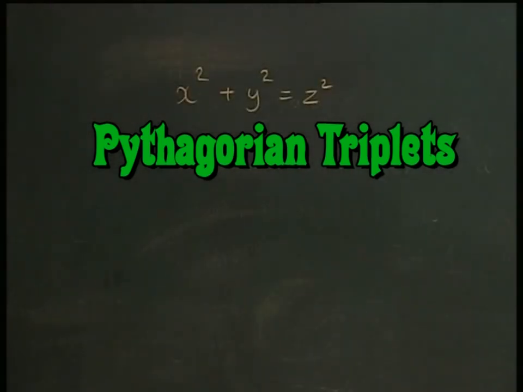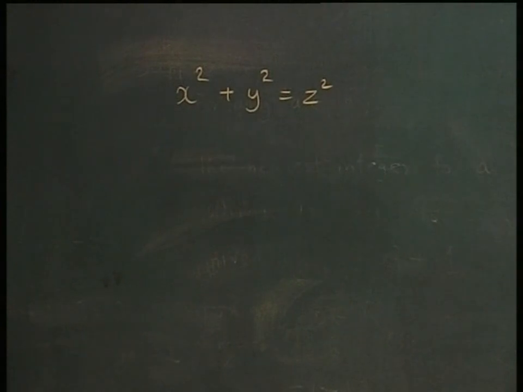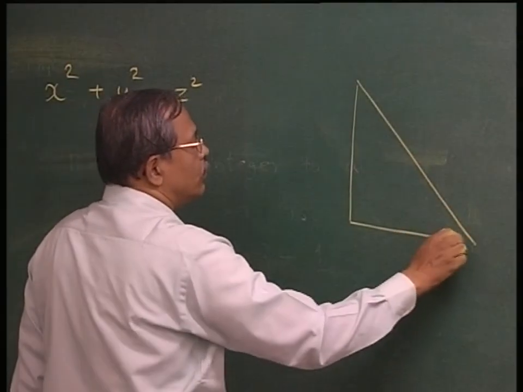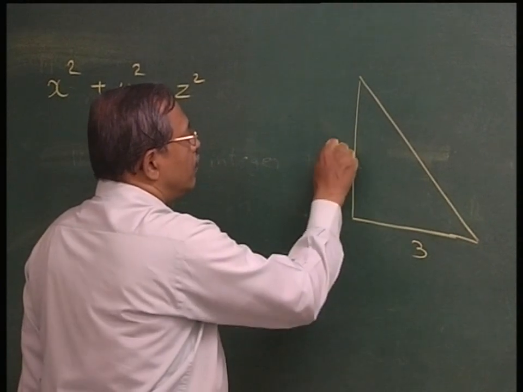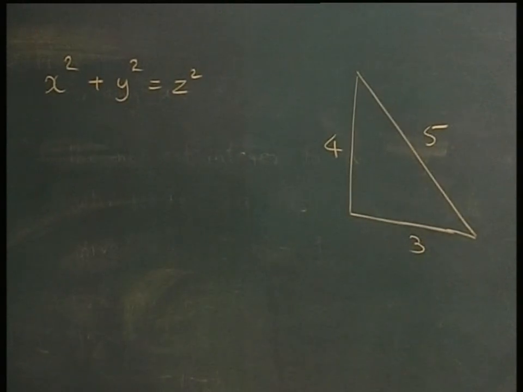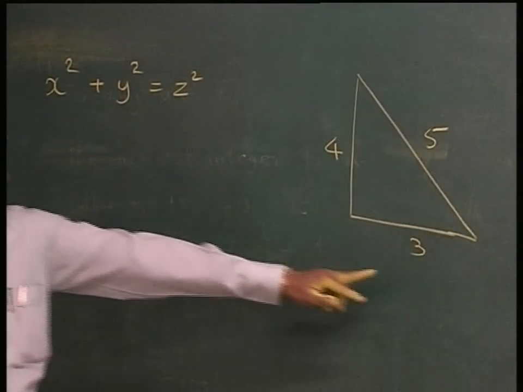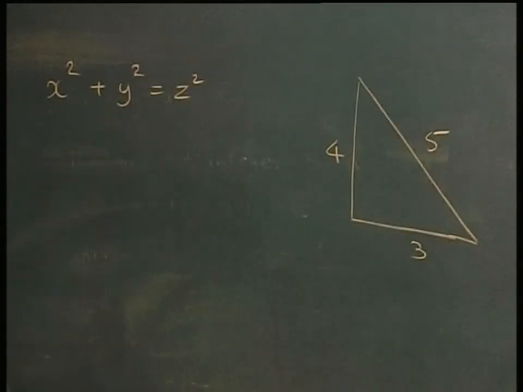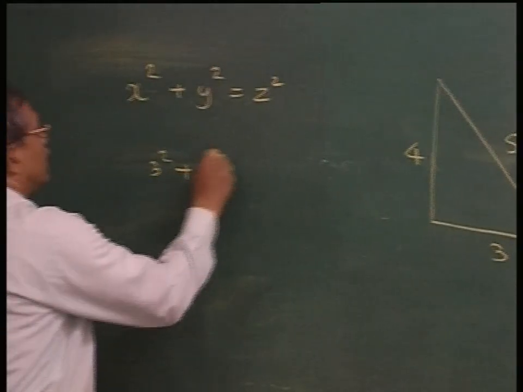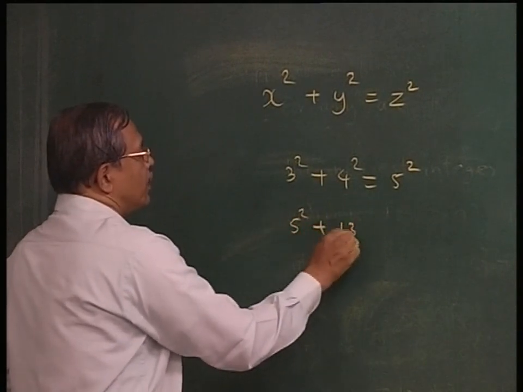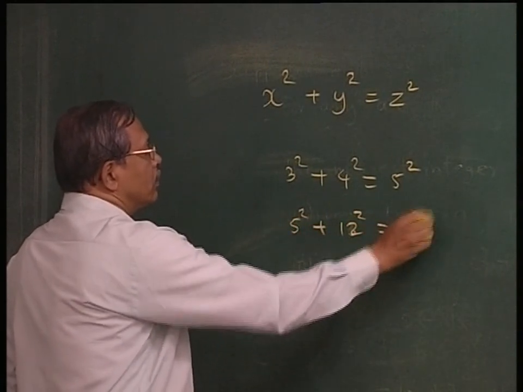This is an equation of degree 2 in 3 variables x, y and z, and any positive solution like 3, 4, 5, this is a Pythagorean triangle, right angle triangle, sides are 3, 4 and 5. 3, 4, 5 is the solution of this, 3 square plus 4 square equal to 5 square, or 5 square plus 12 square equal to 13 square.